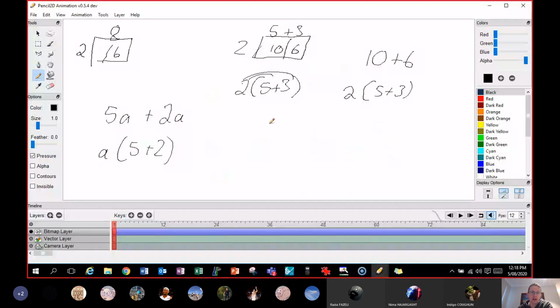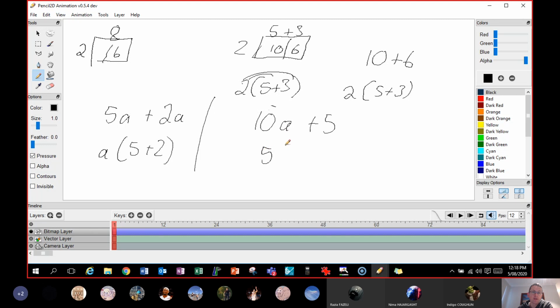If I had another question, let's go with 10a plus 5. What's common in here? Well, a is not common. 5 is common. I could take out a 5.